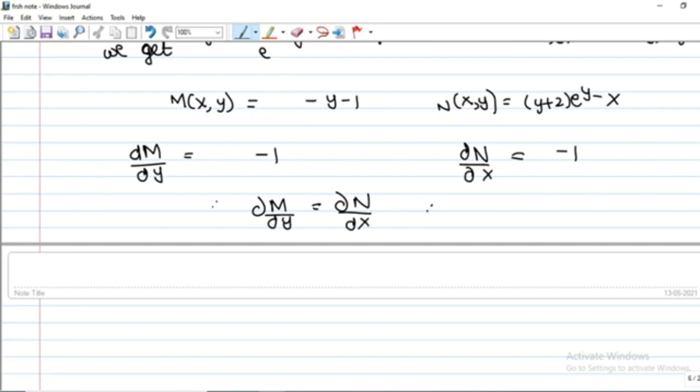So what can you say? Therefore, the given differential equation is an exact differential equation, right?